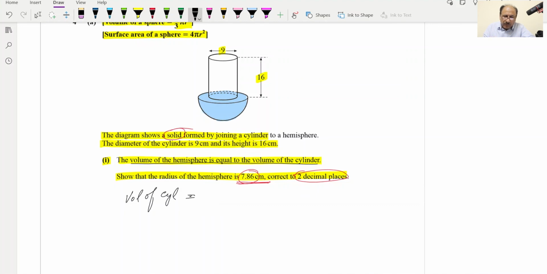First we will write the volume of the cylinder, which is pi r squared h. The radius is half of 9, which is 4.5 centimeters, and h is 16.